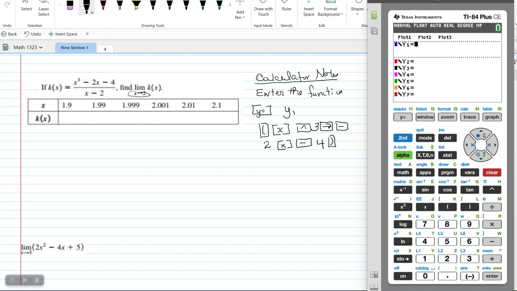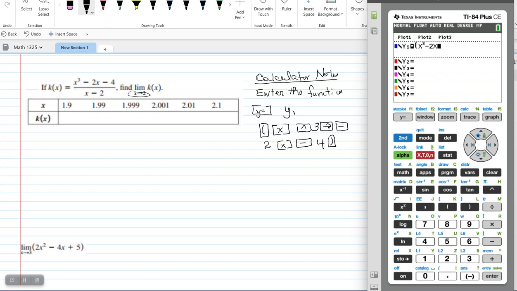So we're going to do that part first. Open parenthesis, X variable, second row, second key, up caret, 3, side arrow to bring it back down. And we're going to do minus 2x.